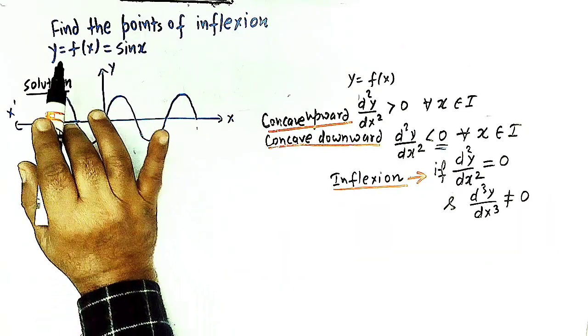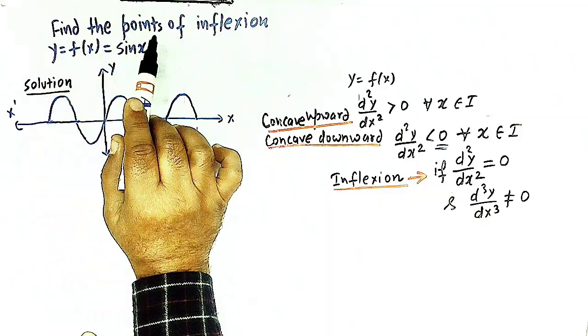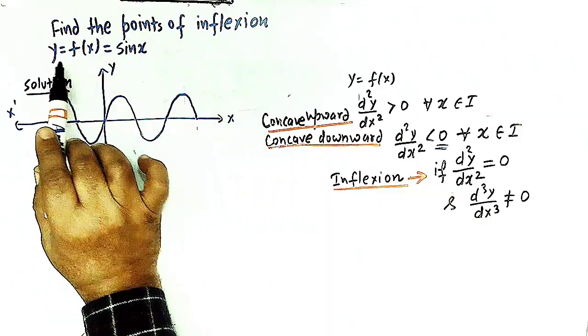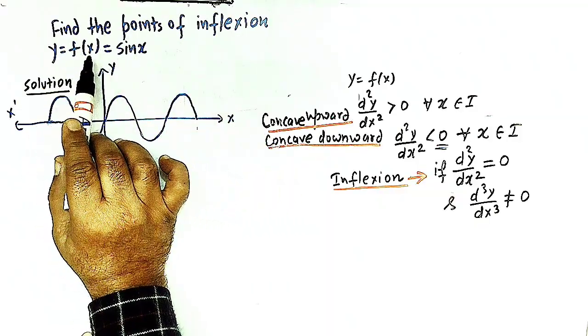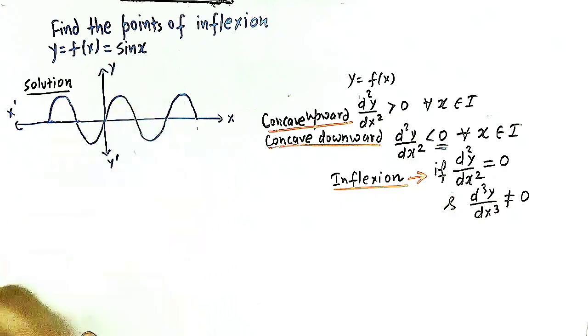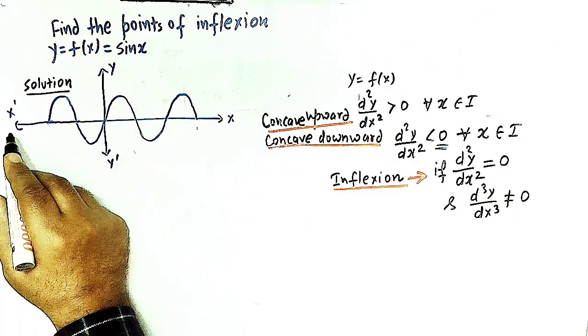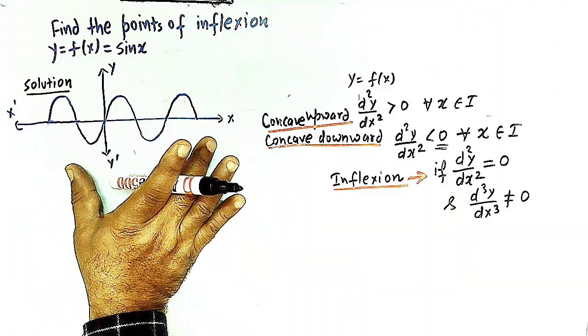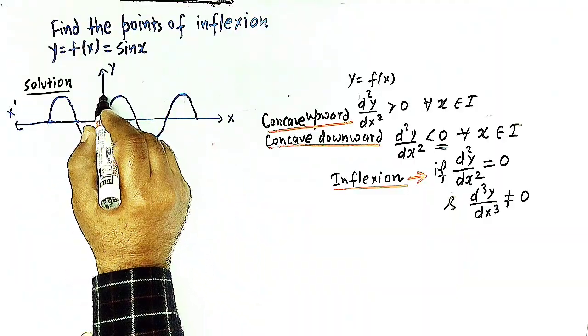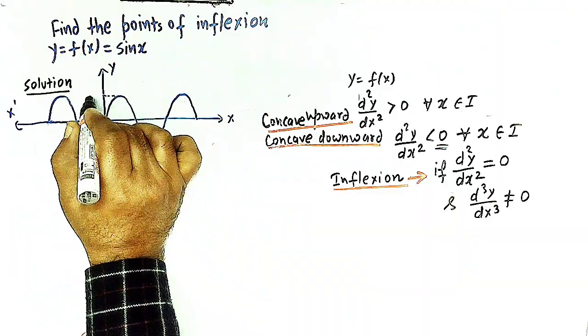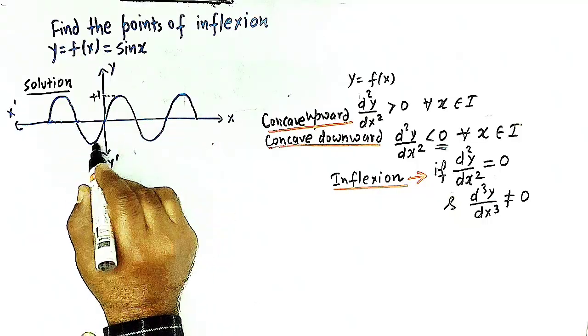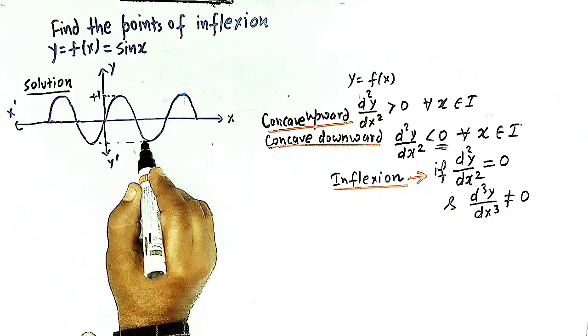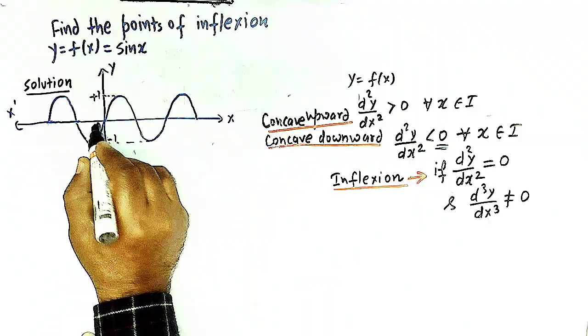So now consider this problem. Here we have to find the points of inflection of the function y is equal to f of x, that is sine x, right? So here we have drawn a rough sketch of the function sine x. So here we have plus 1, here we have minus 1, and here we have 0.